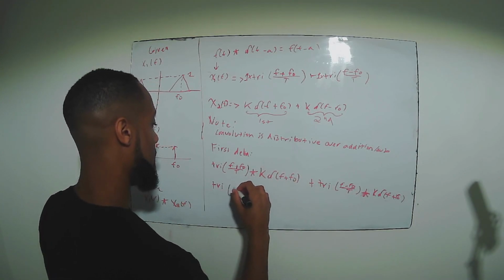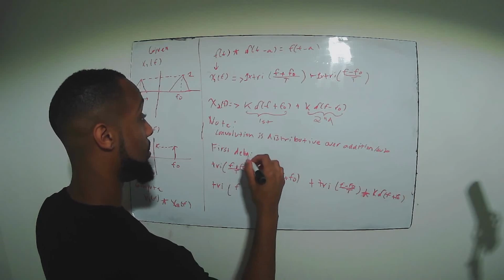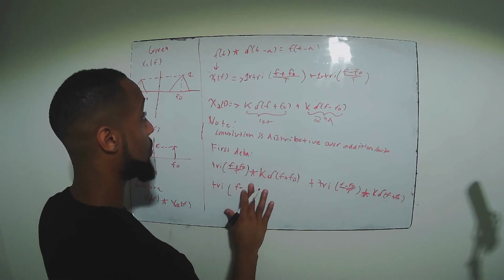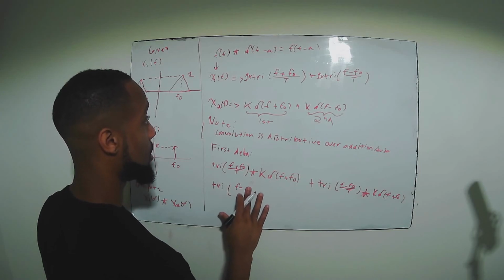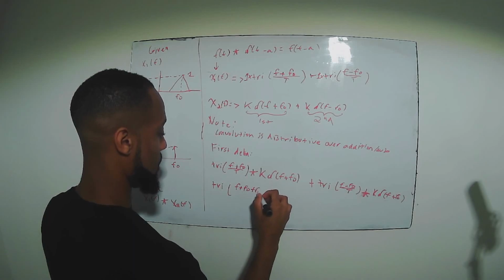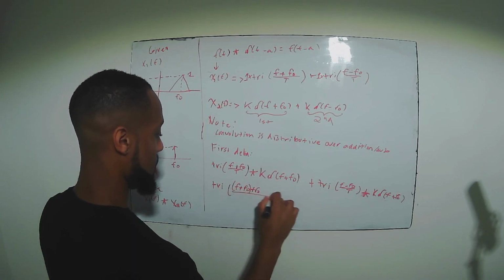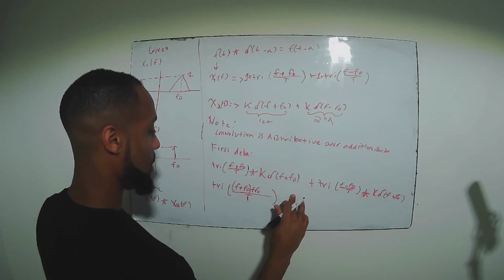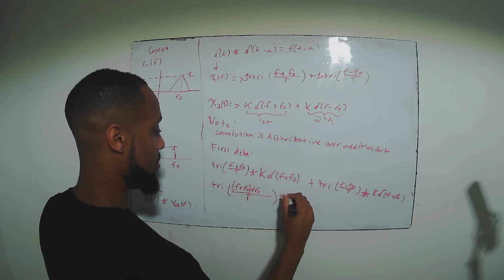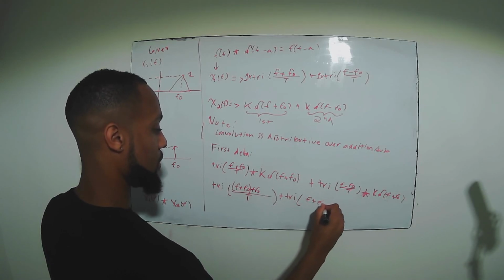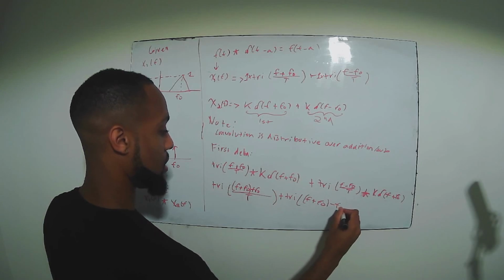So here we're going to get trie of f plus f naught, in parentheses, and then over here we're going to have plus trie of f plus f naught minus f naught, divided by t.